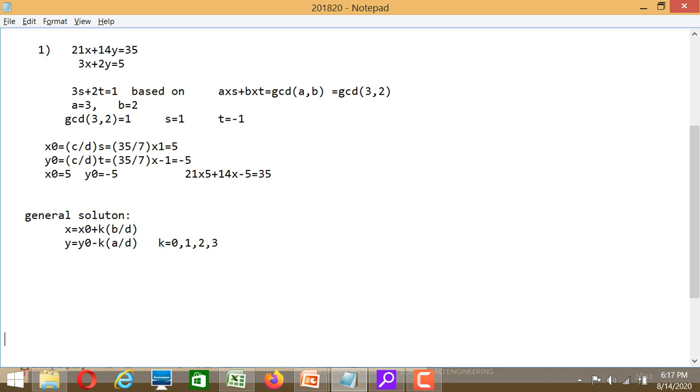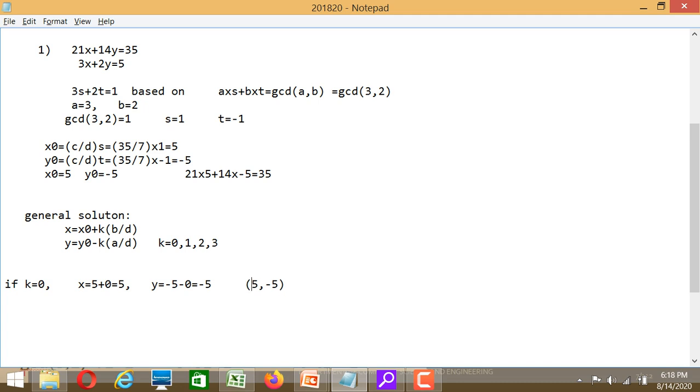Now if k is equal to 0, then x is equal to x naught is 5 plus k into something, k means 0, 0 into something is equal to 0, is equal to 5, and y is equal to y naught means minus 5 minus k into something 0 is equal to minus 5. 5 comma minus 5 is the first solution.